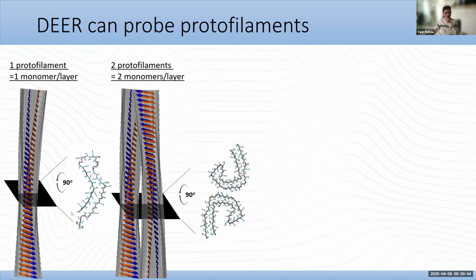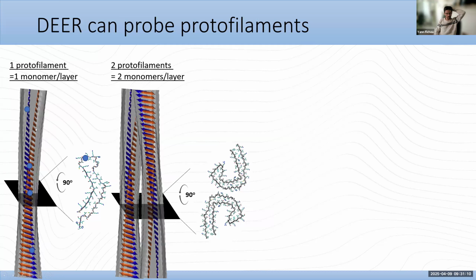So now, if you think about those 2 different configurations, what you will find is that if you spin label, let's say 10% of your protein here, you have a given spin density, so a number of spins per length of fiber.